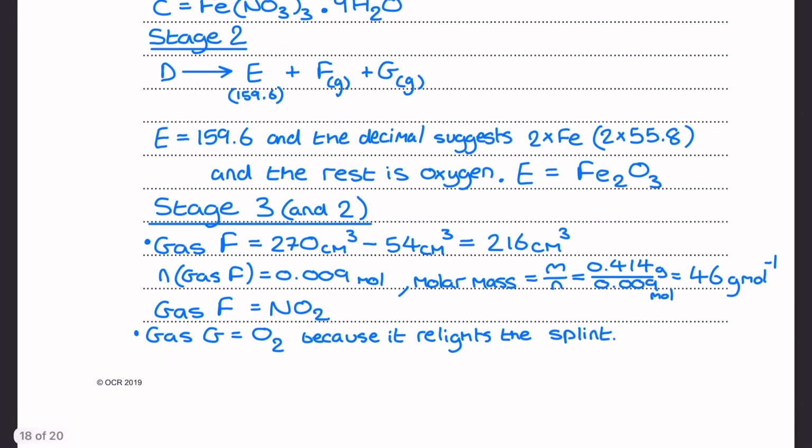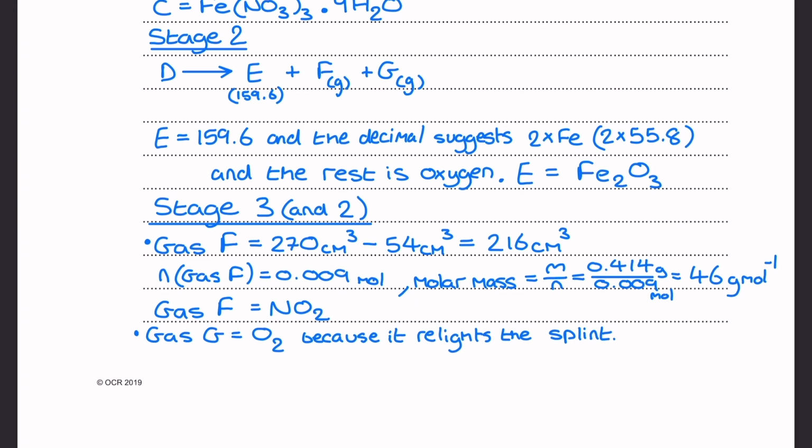G, I'm told, relights a glowing splint. That means G is oxygen. Bear with me here, because now that means F contains nitrogen and oxygen only. And I know its molar mass is 46, so I can put together that it has the formula NO2. That is a lot to think about all at once, but it does make sense.